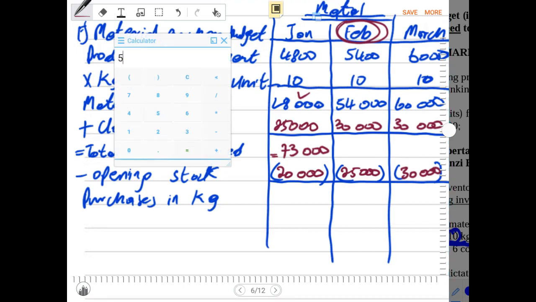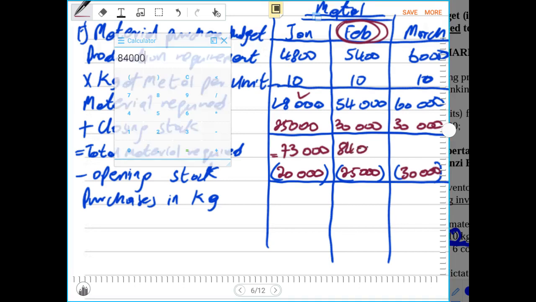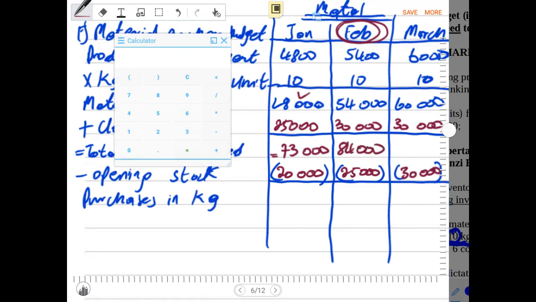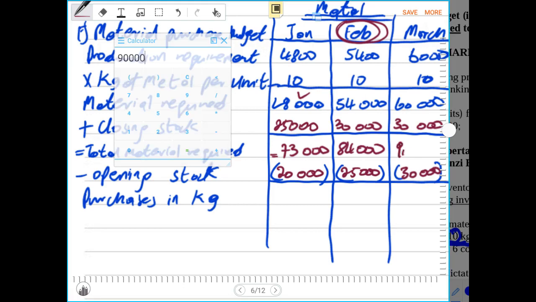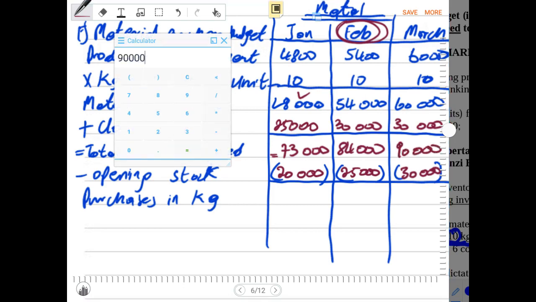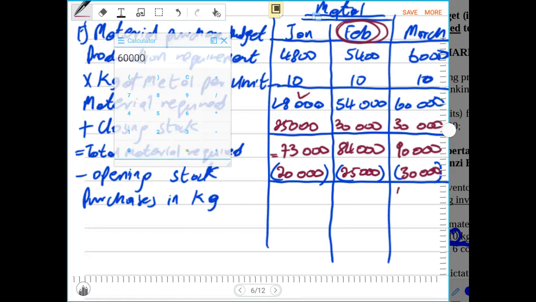Then after we have 54,000 plus 30,000, that will give us 84,000 kgs. Then after we have 60,000 plus 30,000, that will give us 90,000. So now that will be the total material required. Then you say 90,000 less 30,000, and this will give us 60,000.